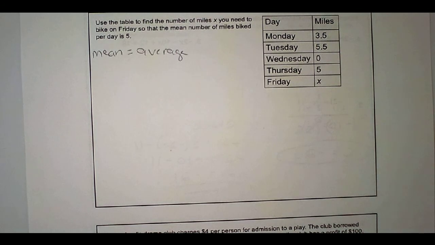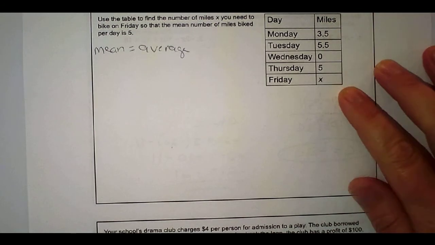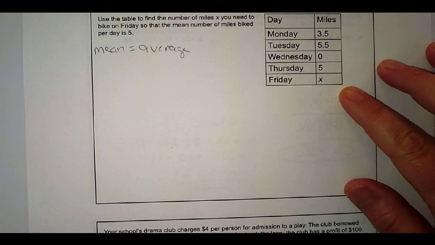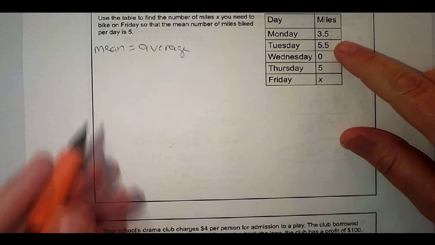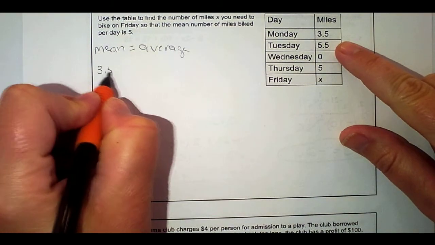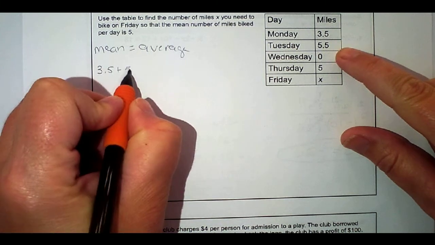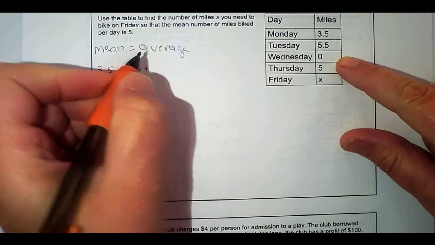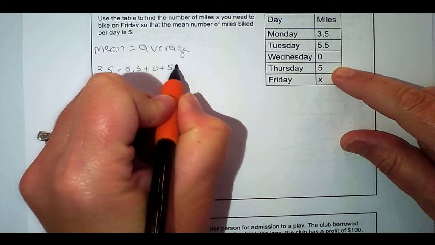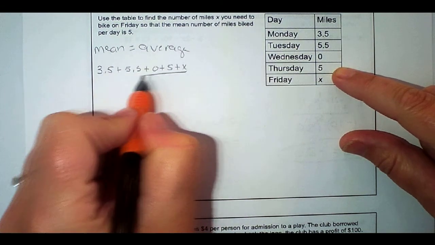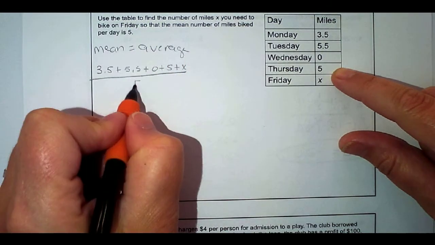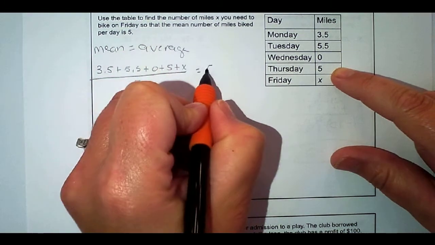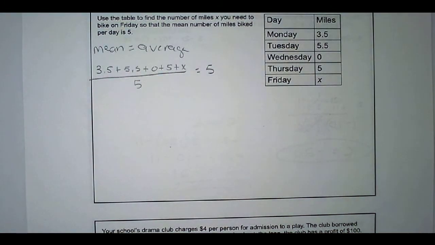So for this one, you would add all of the miles for every day and then divide by the total number of days. So we have 3.5 plus 5.5 plus 0 plus 5 plus x divided by 5 days should average 5.